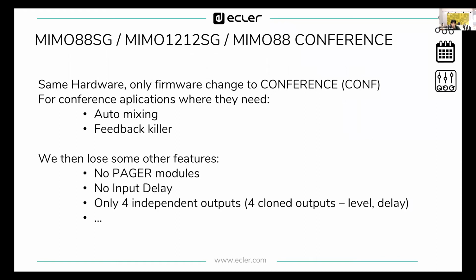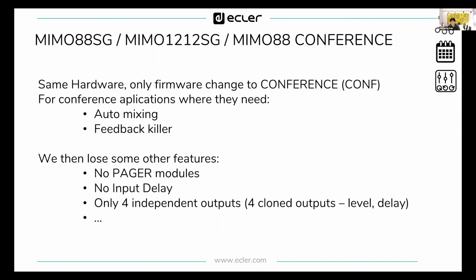But in these three matrices, although it's for free in terms of money, it's not for free in terms of DSP. So in order to invest DSP power for auto mixing and for feedback killer, we have to lose some of the things.